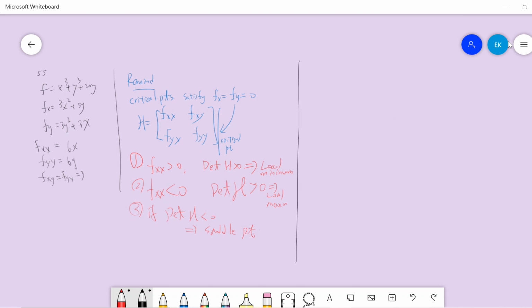Okay, so 3x squared plus 3y equals 0, and 3y squared plus 3x equals 0. So x squared is minus y, and y squared is minus x.